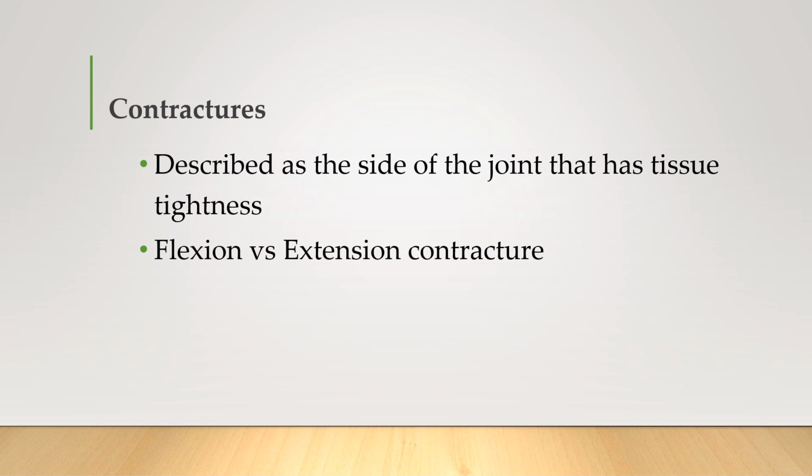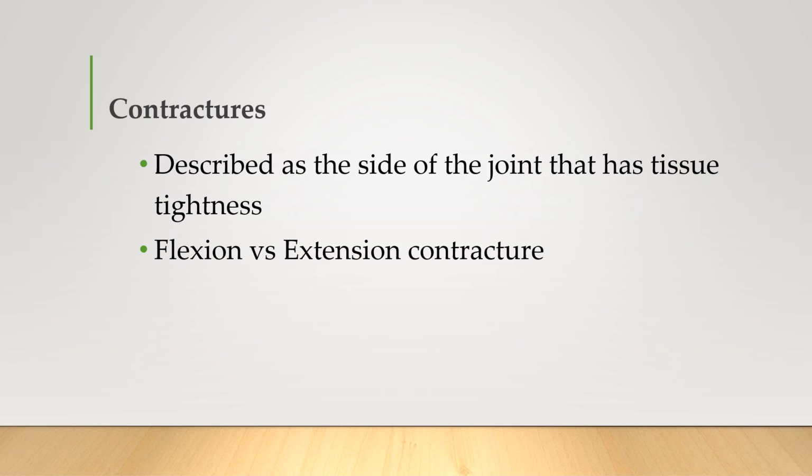If somebody following a total knee arthroplasty is stuck in flexion and they cannot get full extension of their knee, we call that a knee flexion contracture. If somebody is stuck in extension following a TKA or something like that, and they can't bend their knee, then we say that that is an extension contracture. It's stuck in extension. So you're going to have to know how to label those different types of contractures.